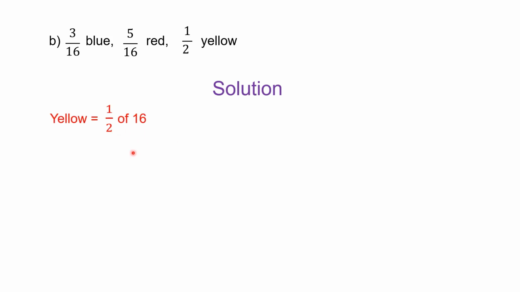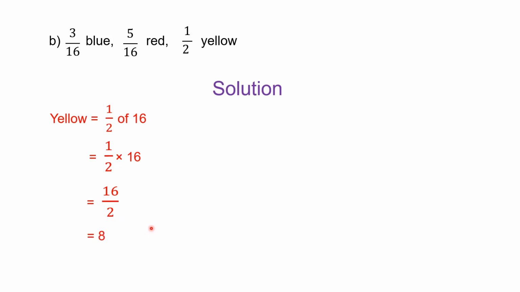Half of 16. 1 by 2 multiplied by 16. Multiply the numerators. 1 into 16 by 2. Here we have written directly. 16 ones are 16 divided by 2. We know that 2 8s are 16. So it equals 8.